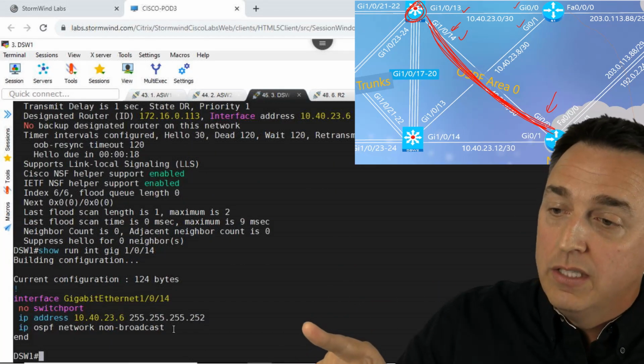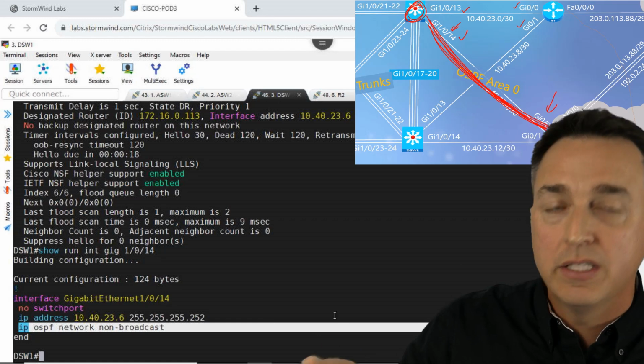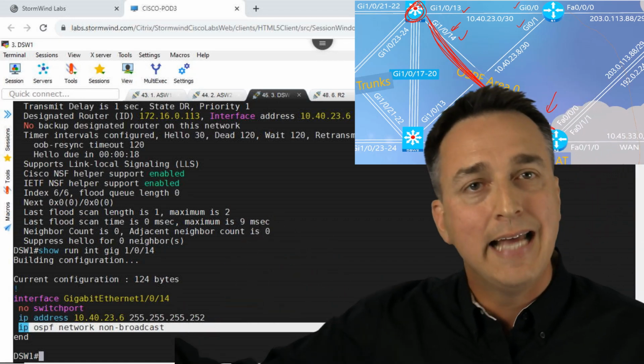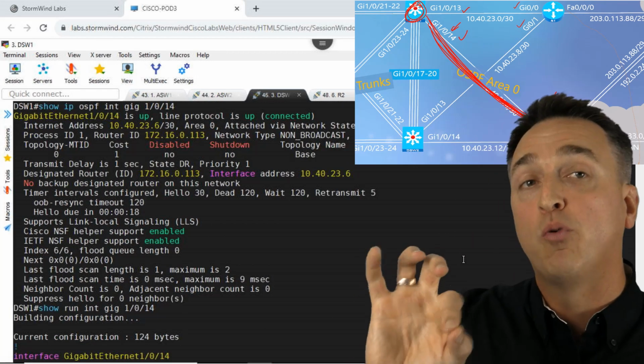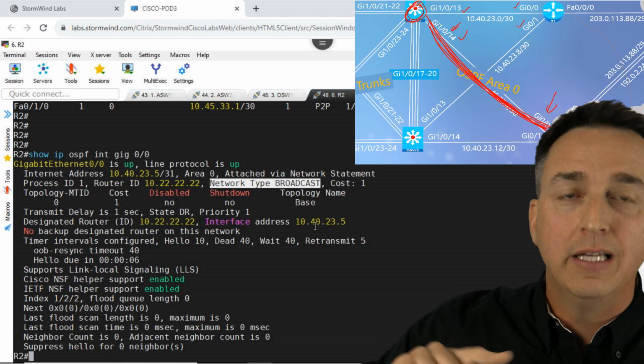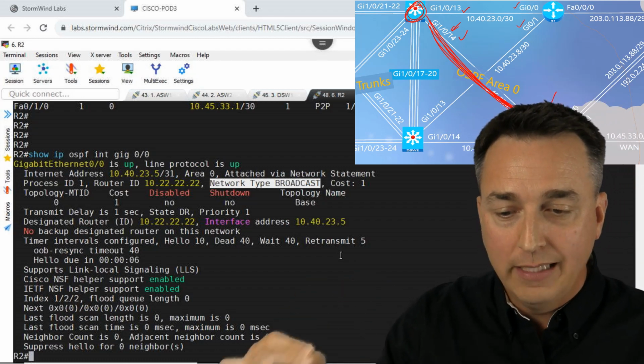And if you notice, someone typed in this command, which changes the network type. You see, the default is broadcast. If we go over to R2, the default is listed as broadcast.